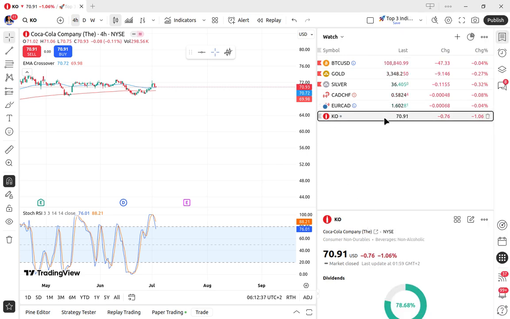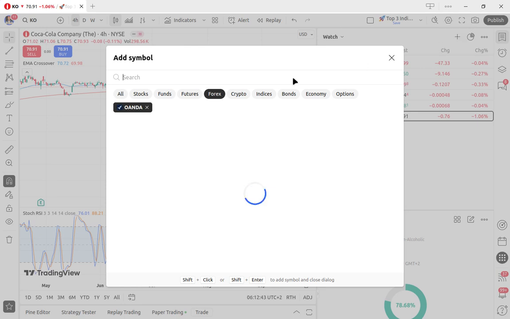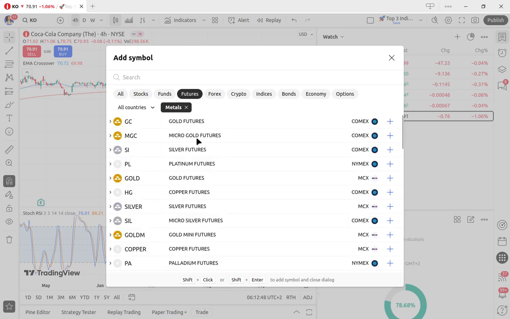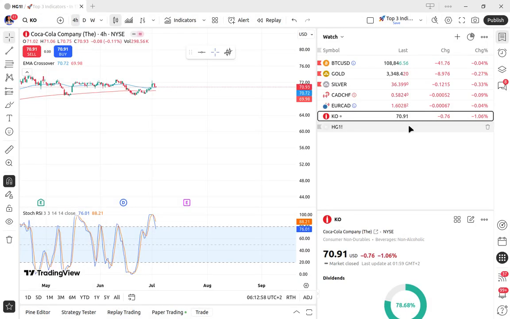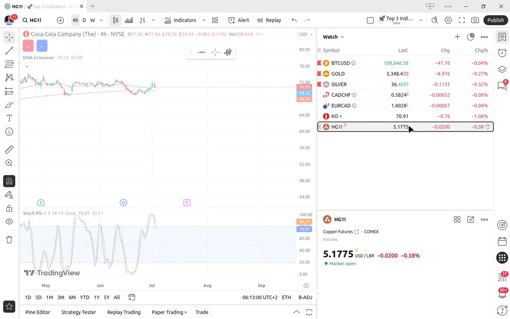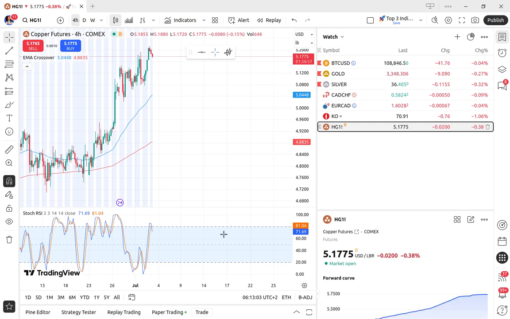We got stocks, we have Forex, and then we can look at commodities as well. Let's look at copper futures. Copper prices are very important. Now on copper prices, we need to look for a reversal.